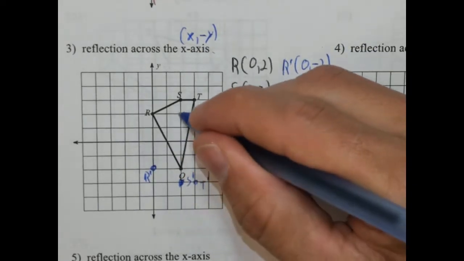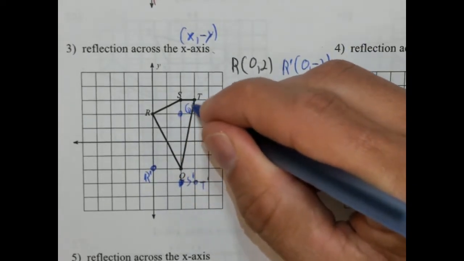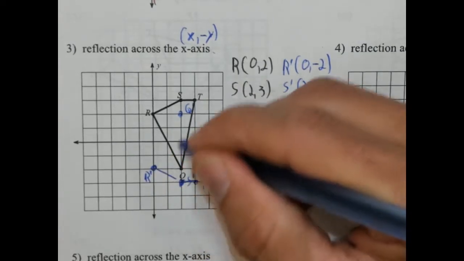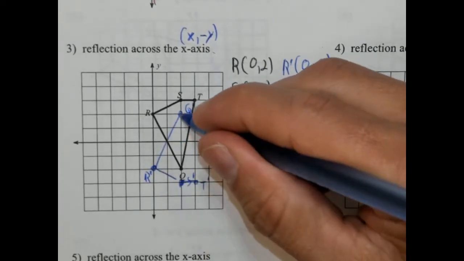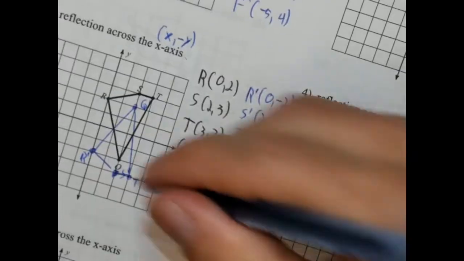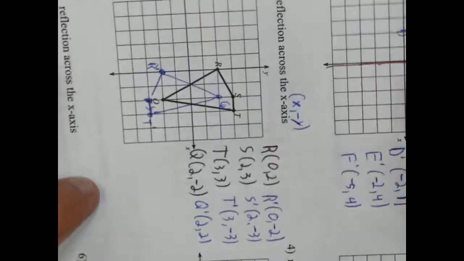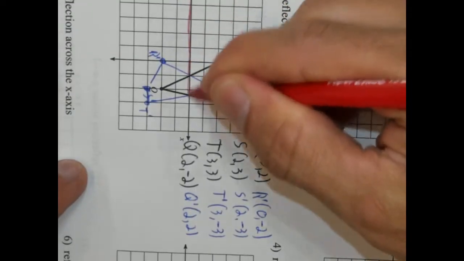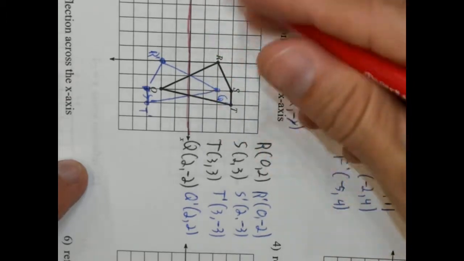And 2, 2 is going to be Q prime. There we go, and you can actually see, again, if you highlight the line of reflection, it creates this symmetric image. Pretty cool.